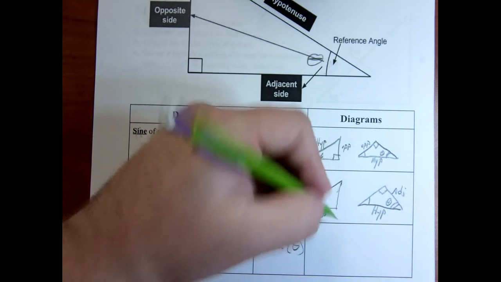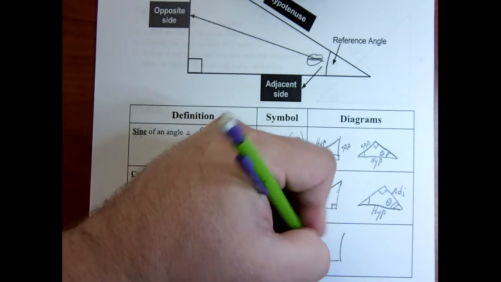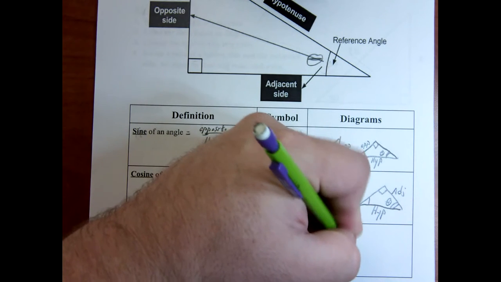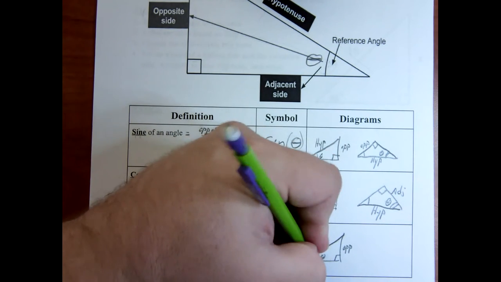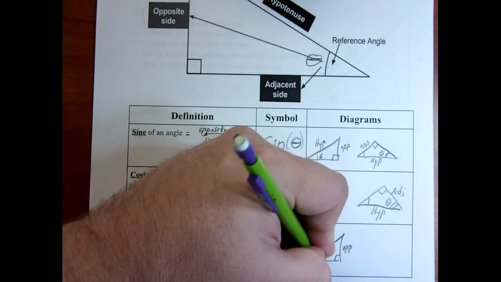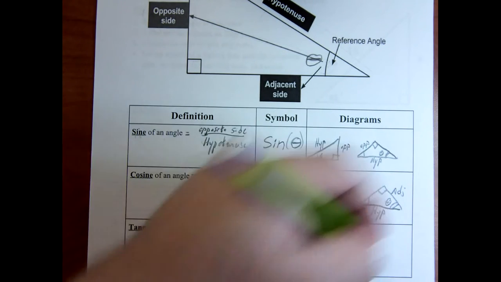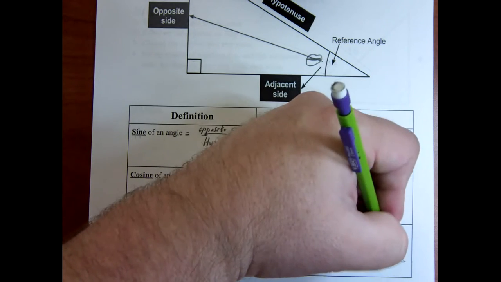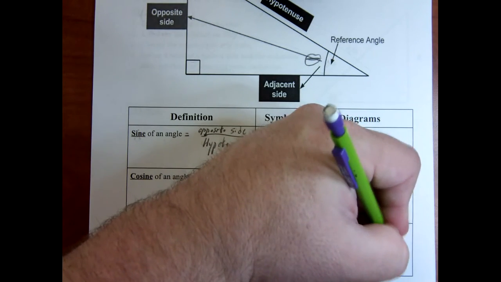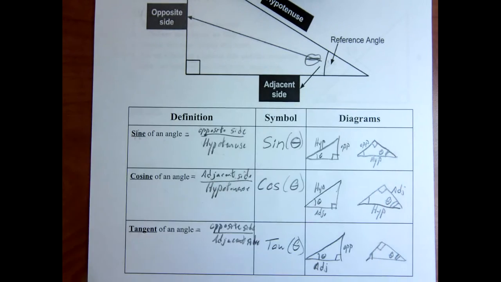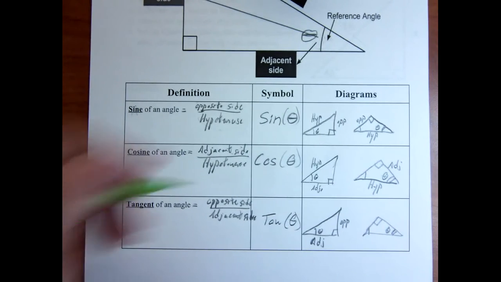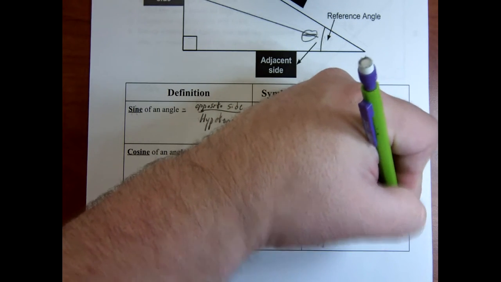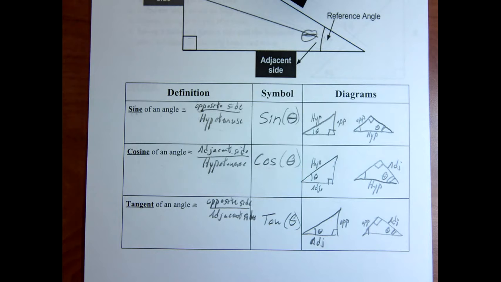And lastly, tangent, which is opposite, this is my angle of reference, over adjacent. So again, if this is my angle, then this would be opposite, and this would be the adjacent side. Okay, so that's the basic definition of trig ratios.